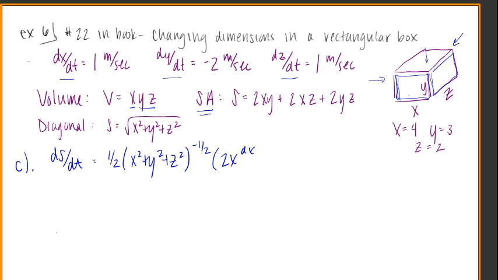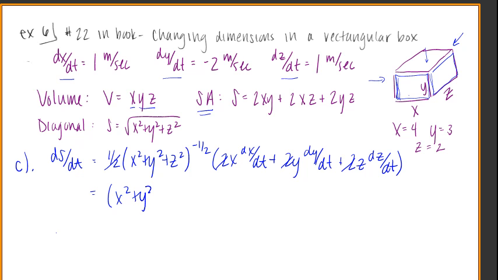So 2x dx/dt plus 2y dy/dt, and then plus 2z dz/dt. And because we want to use the cleaned up form of this, I'm just going to take the 1/2 away with all those 2's. And I'm going to choose not to write this as individual fractions, because I only want to plug in for that first parentheses. Let's just plug it in once, since we're going to actually find values here.